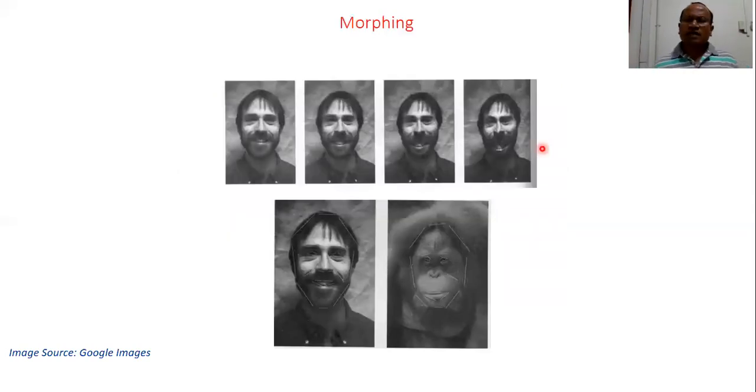Then morphs can be created. You can create a morph of some person, and see the last image looking like a monkey, but it is actually a morph of this person. So for secret communication, for encryption, you can use that. You are transmitting actually the image of this person, but you have created a morph.